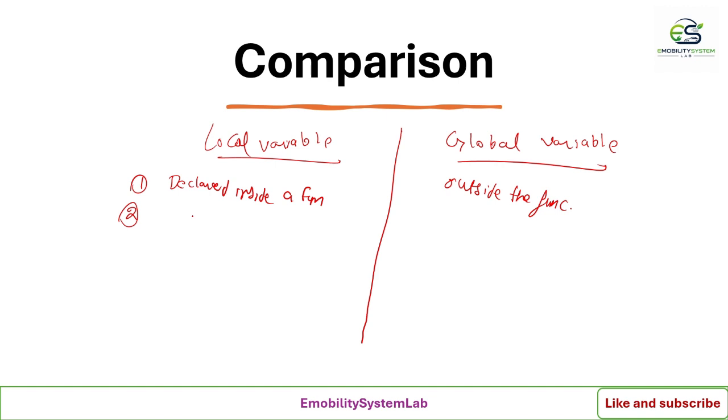Now we will see the other difference, scope. The scope of a local variable is limited to that particular function where it has been created. But the scope of a global variable is throughout the entire program.